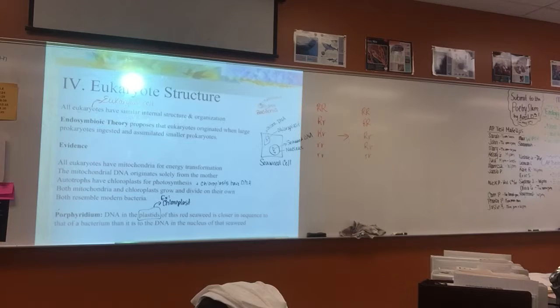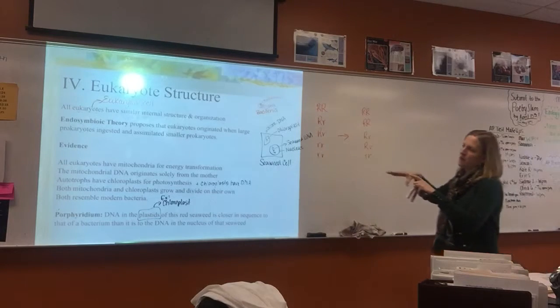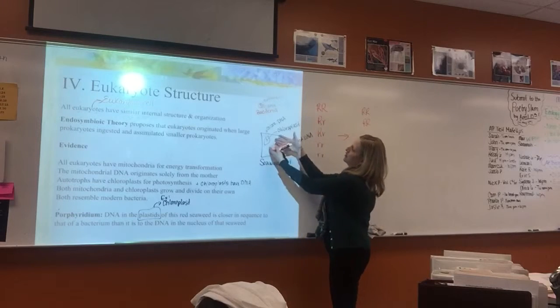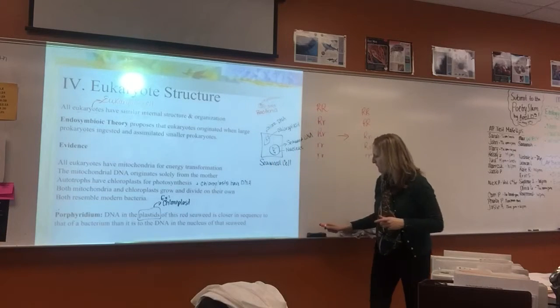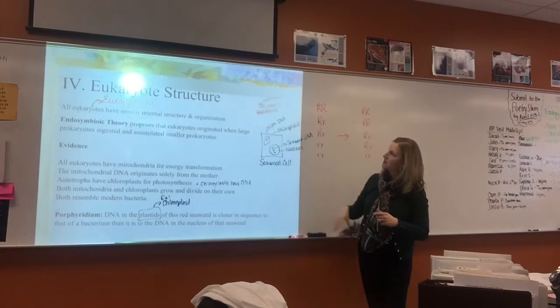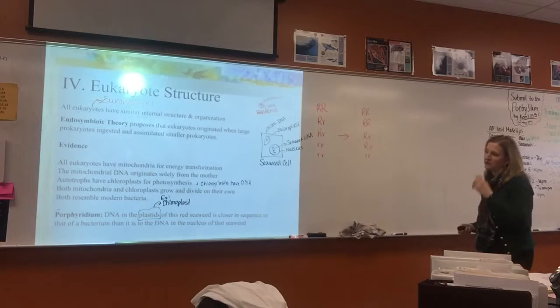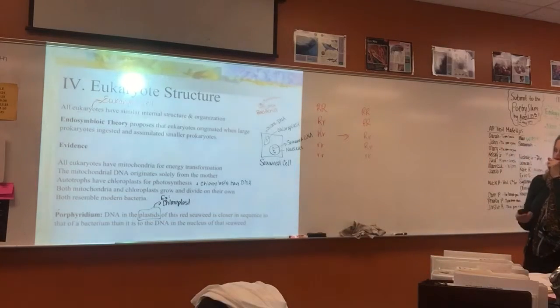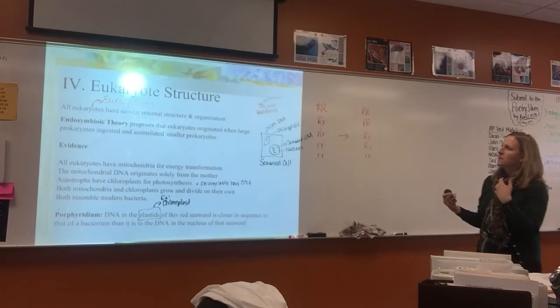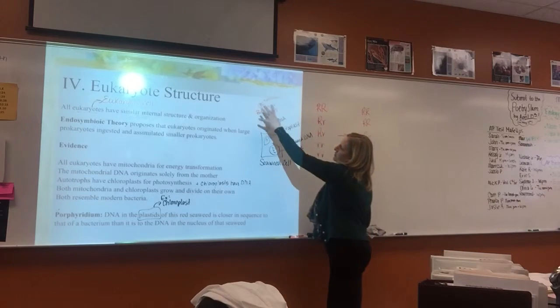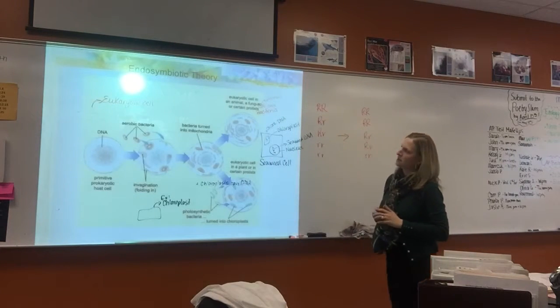Okay, yeah, all right, and so this gives evidence that this chloroplast was once a free-living organism, a prokaryotic cell like bacteria. And that also shows some relatedness between prokaryotic and eukaryotic cells as well.